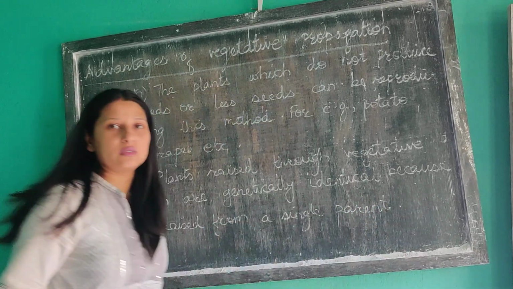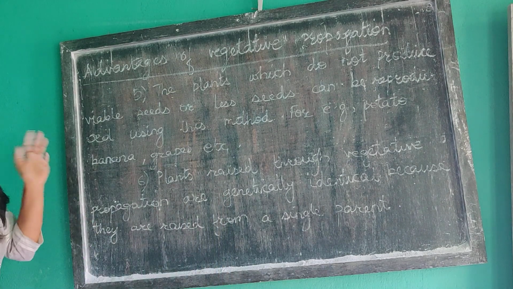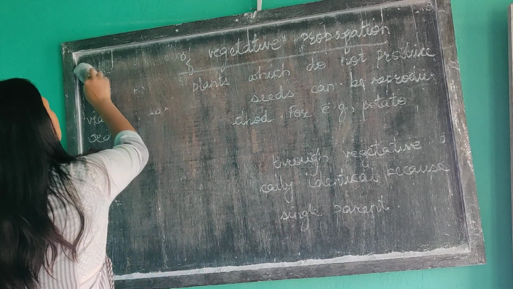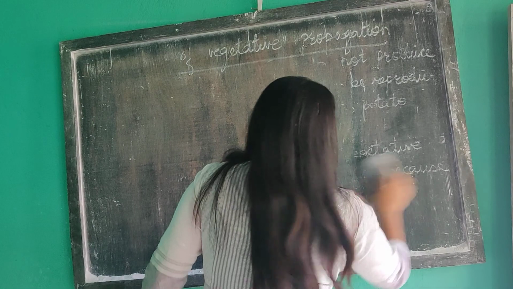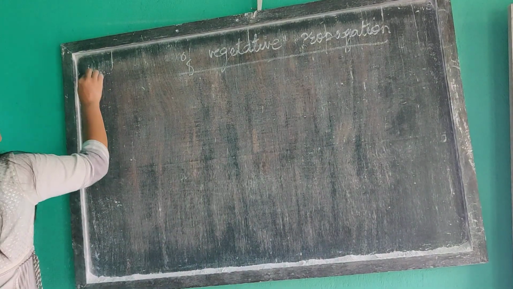Now everything has advantages as well as disadvantages. Now let us talk about the disadvantages or limitations of vegetative propagation. Okay.